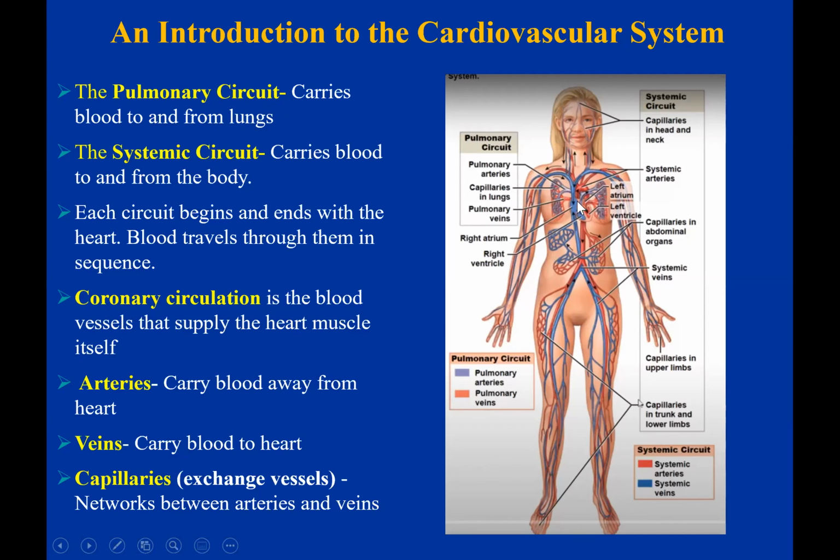Arteries carry blood away from the heart. Veins carry blood to the heart. The actual exchange of oxygen for carbon dioxide happens in the capillary beds. Next week, we will study arteries, veins, and capillaries. This slide is just emphasizing the 3 important circuits. When you say circuit, it begins and ends with the heart.